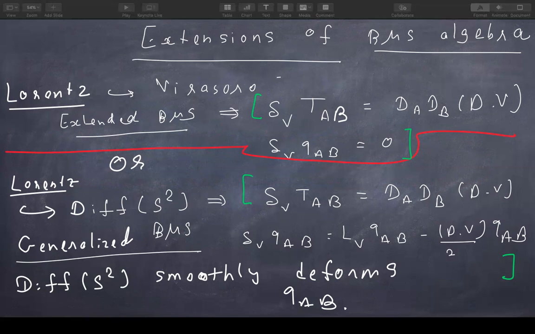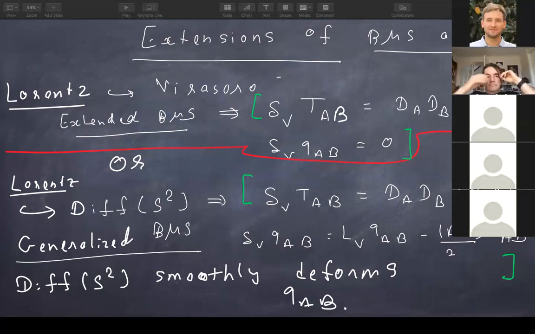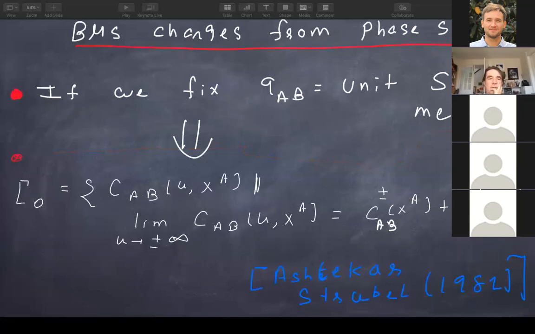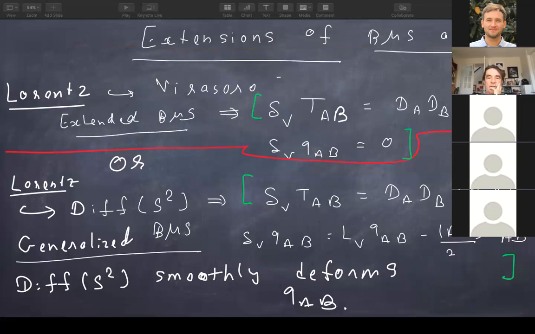But if you enhance the Lorentz group to smooth diffeomorphisms, then they smoothly deform the sphere metric, and the way they deform is written in the last equation in this line, which is delta_V Q_AB equal to the Lie derivative minus some conformal transformation. So this is just to show what these symmetries do in addition to the BMS. They have an effect on the metric on the sphere or on the tensor T on the sphere.